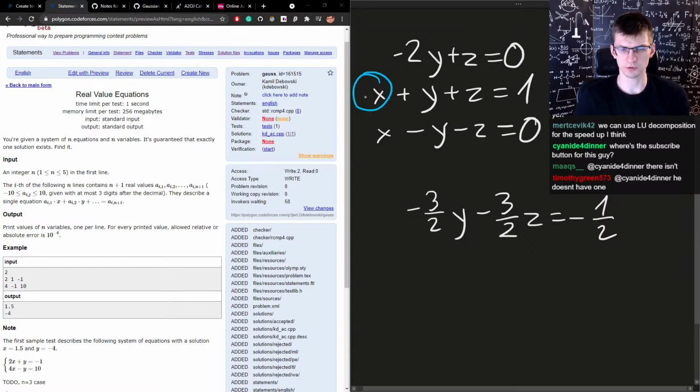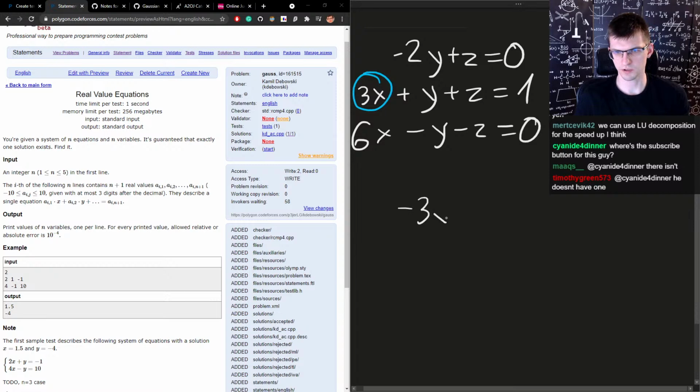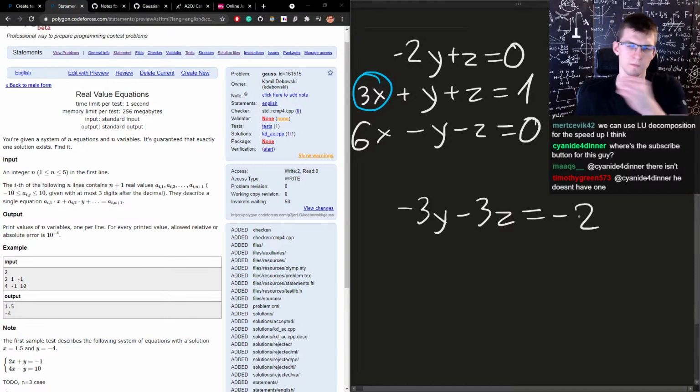So to make it double instead of this, there will be more integers, it's then easier to compute. This is 3, this is 6. Then we say third equation minus equal second times 2. So it's minus 3y minus 3z is equal minus 2. This is the third equation now.